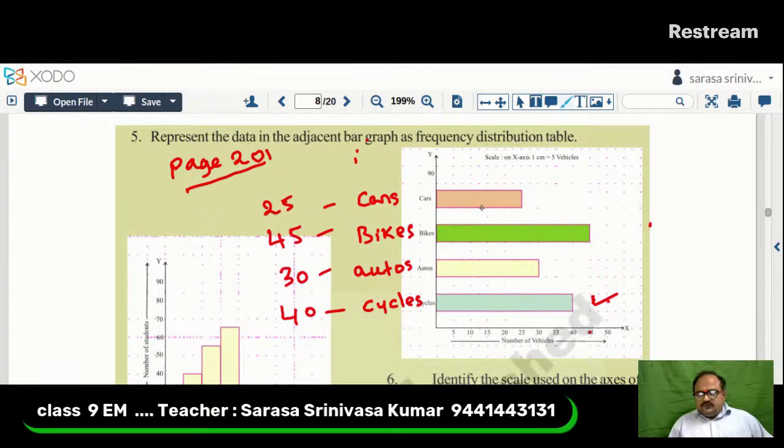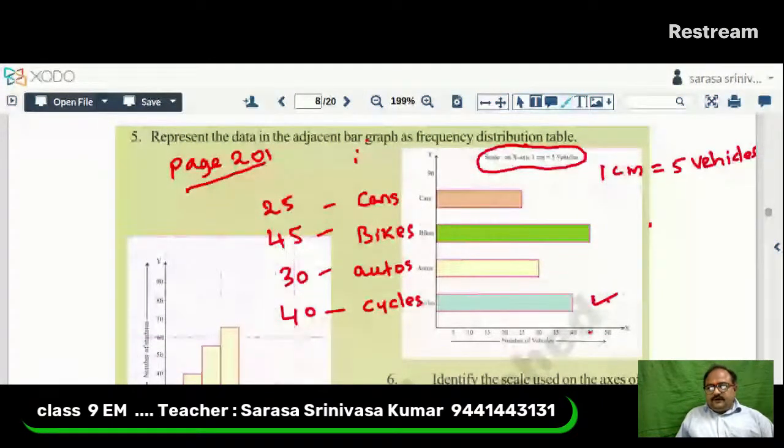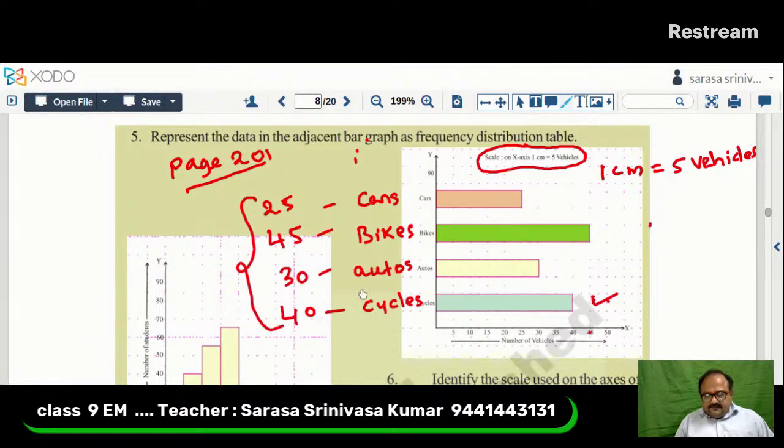Now here we should observe the scale on the x-axis. The scale on the x-axis is 1 centimeter equal to 5 vehicles. Now we should represent this given data in the form of a frequency distribution table.